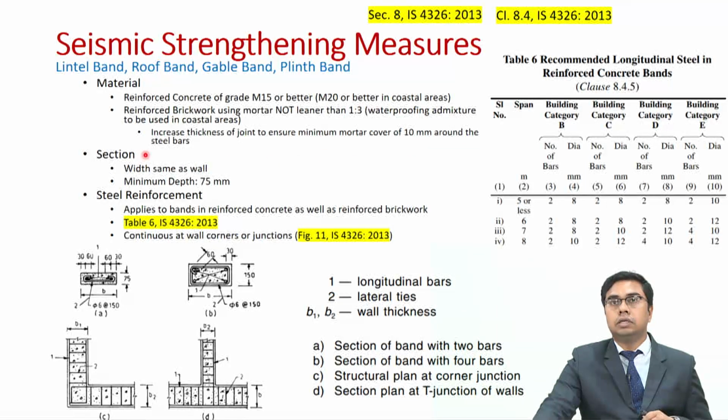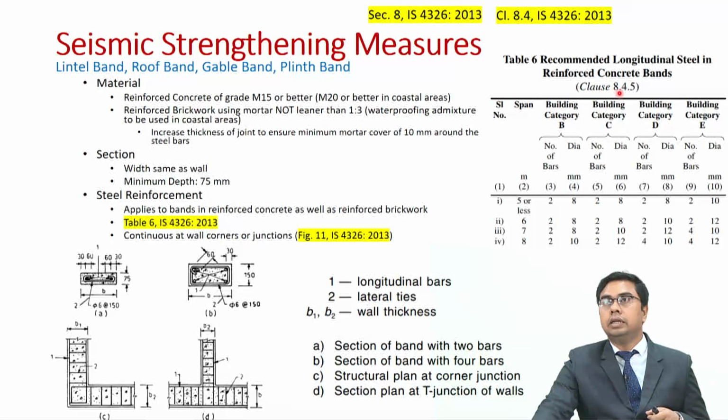Then for the section, the width will be the same as the thickness of the wall, and the minimum depth of these bands shall be 75 millimeters. Further, the steel reinforcement shall be given by table 6 of IS 4326, and as you can see that this applies to bands in reinforced concrete as well as reinforced brickwork, and in this case the longitudinal steel requirement is expressed in terms of number of bars and diameter of bars.